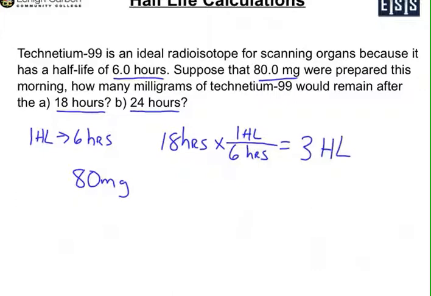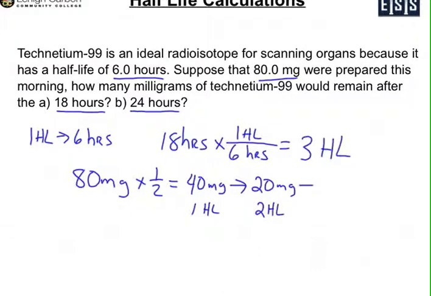Times 1/2 gives you 40 milligrams. That's 1 half-life. Then we do it again, another half, and we're down to 20 milligrams. That's 2 half-lives. And we do one more, down to 10 milligrams, which is 3 half-lives. So our answer for A is 10 milligrams after 3 half-lives.